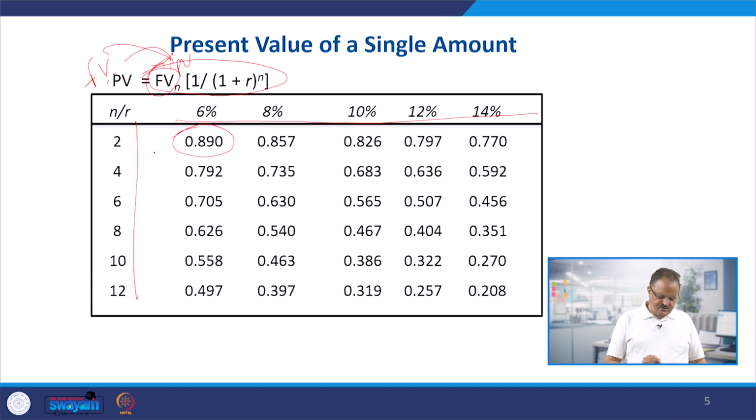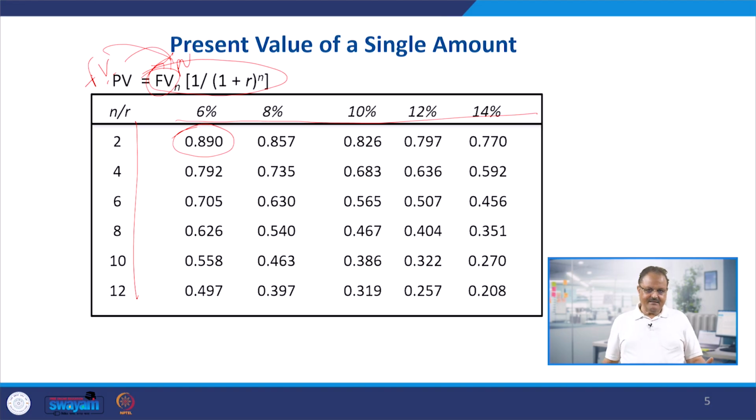For example, 1000. Say you are going to earn 1000 in the future, for an investment of 800 rupees today, and that 800 rupees after a year or after 2 years will give you 1000 rupees. So you can find out what the value of that 1000 coming to you after 2 years would be today.